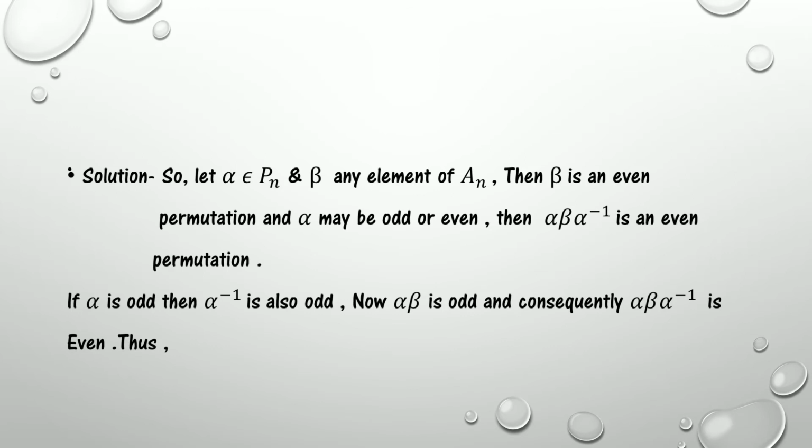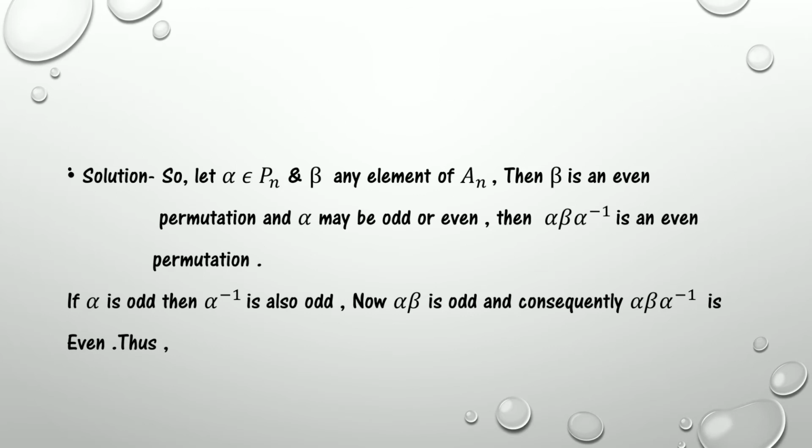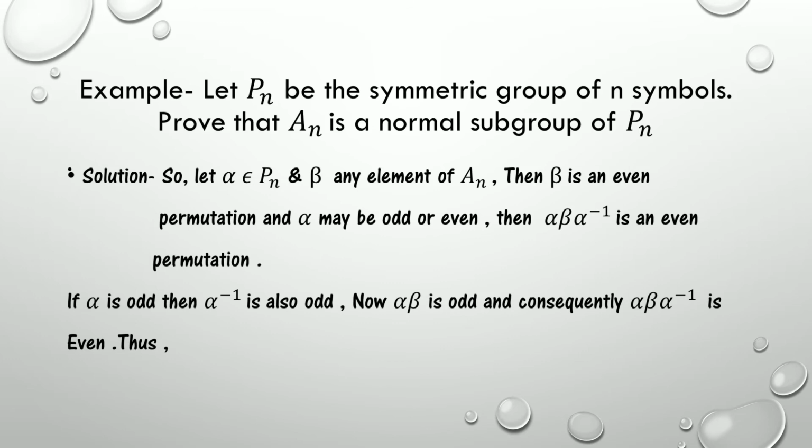If alpha is odd, then alpha inverse is also odd. Now alpha beta is odd and consequently alpha beta alpha inverse is even.